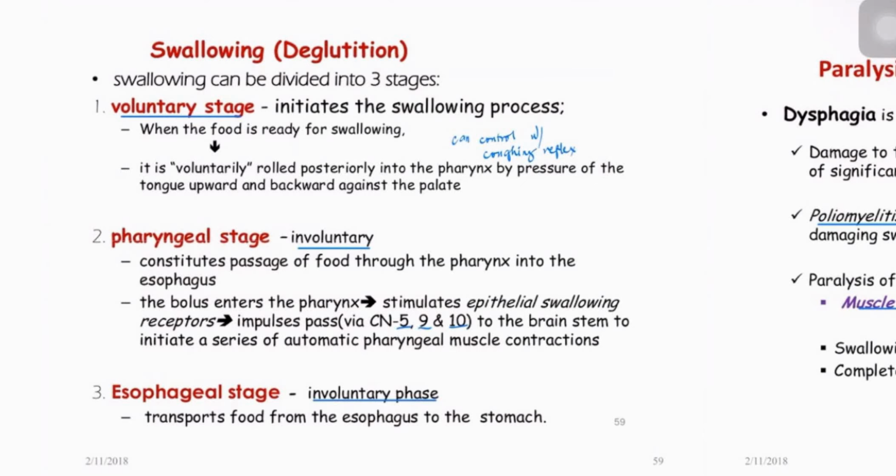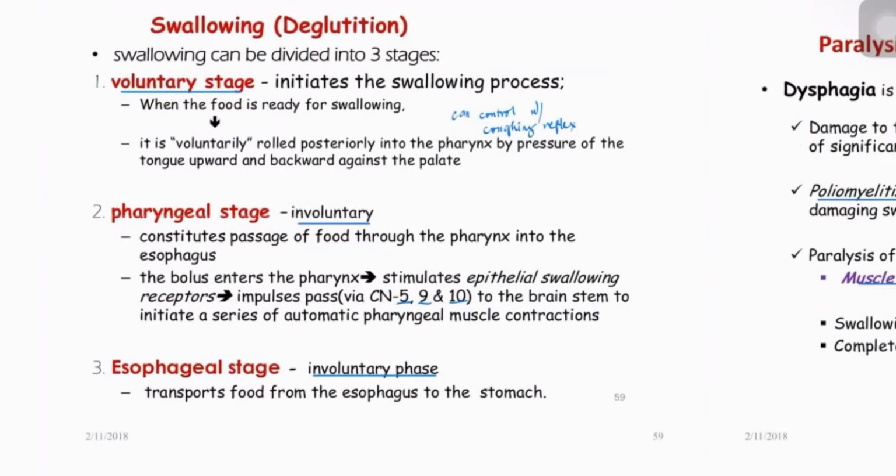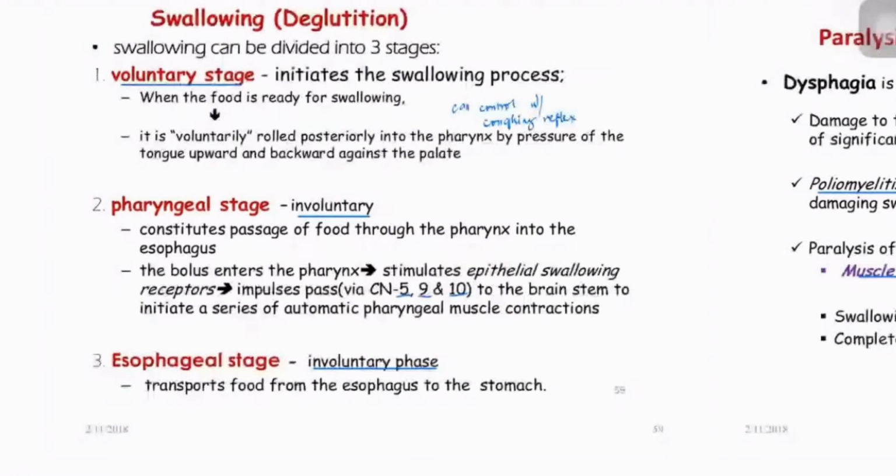Now, pharyngeal stage is involuntary. So, it constitutes the passage of food through the pharynx into the esophagus. The bolus then enters your pharynx and stimulates your epithelial swallowing receptors, impulses pass through CN 5, 9, and 10.